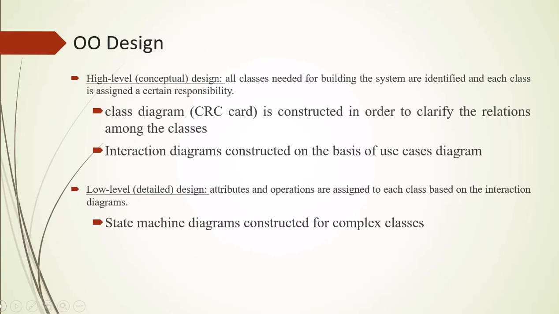Then the interaction diagram is constructed on the basis of the use case diagram, and it is already discussed in detail that first the classes are identified. Based on the classes we define the high level architecture, and that becomes the base for the low level designing. From the classes we draw the sequence or communication diagram, which shows how the classes interact, and then both become the base for the software designing.